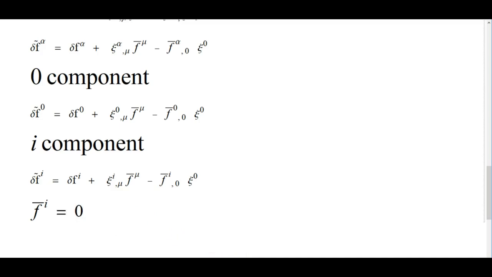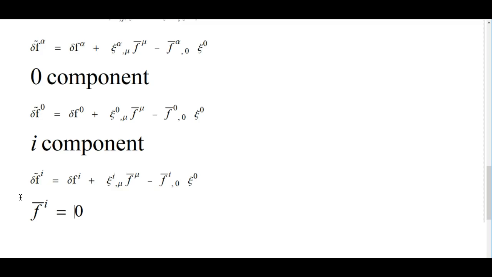Why is it a 0 vector? Because f bar I is in background space, and if you want to respect isotropy, whatever vector it is, whether it is a velocity vector or any vector quantity in the background space, it does not have any preferred spatial direction.